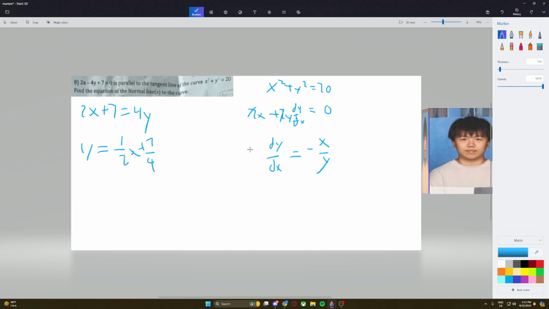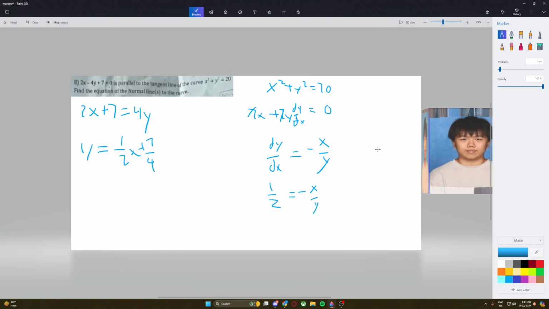So how do we solve this? Well, since we're given parallel lines, that means their slopes are equal. So dy/dx equals 1/2 equals negative x over y.